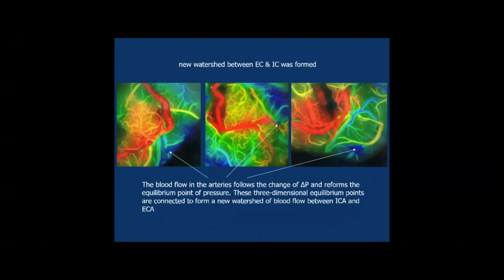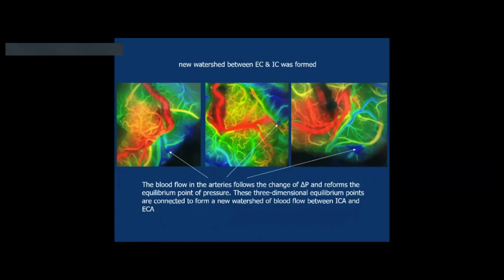After the bypass, actually in every case, we can see a new watershed formed between the ECA and the ICA territory. So the blood flow in the artery follows the change of delta P and reforms the equal point of the pressure.